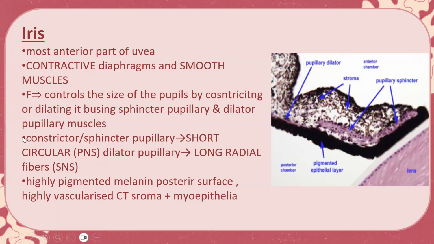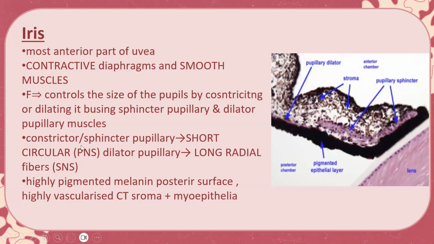Okay, so it has two muscles, obviously: the pupillary muscle, which is short and circular in the arrangement of its fibers, so a short circular constrictor muscle. It is under the control of the parasympathetic. The dilator pupillary muscle is long and radial, sympathetic. Okay, how to remember it?